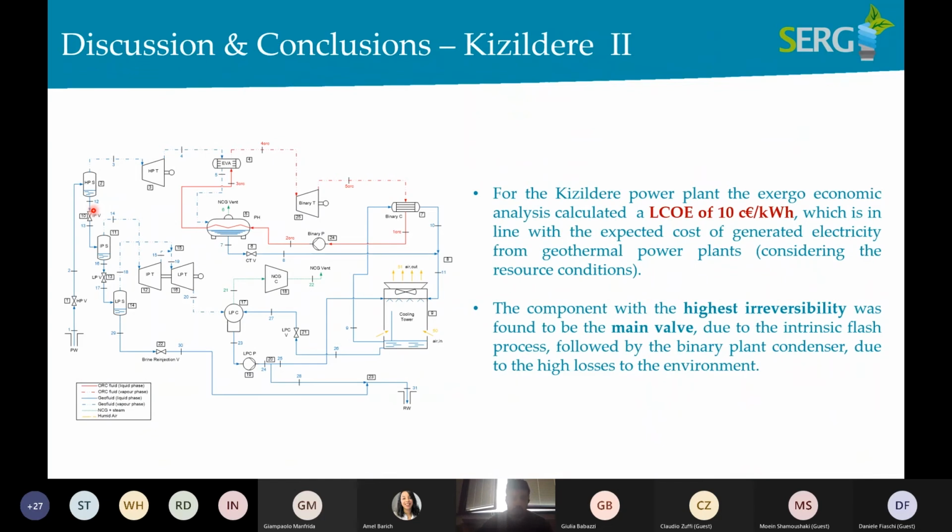So for Kizildere 2, we just calculated this levelized cost of electricity, and we found that, as for the Hellisheidi power plant, the main irreversibility is found in the main valve, and again is due to the flash process, which is highly irreversible.